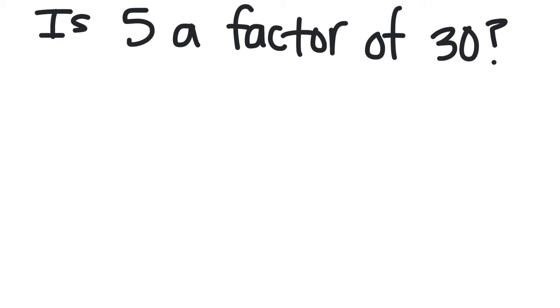Let's say you were asked a slightly different question. Instead of having to find all the factors, you're being asked, is 5 a factor of 30? Remember, this unit is all about getting ready for division, right? So 5 would be a factor of 30 if it can fit into 30 perfectly with nothing left over.